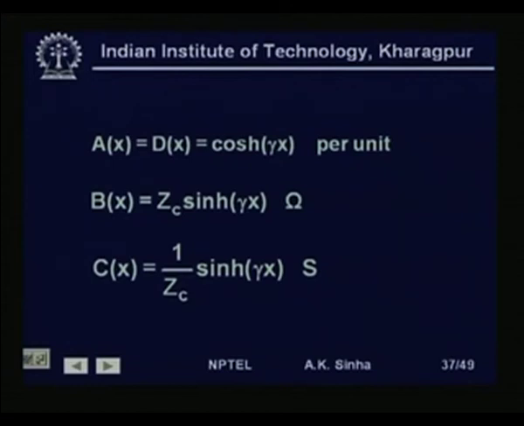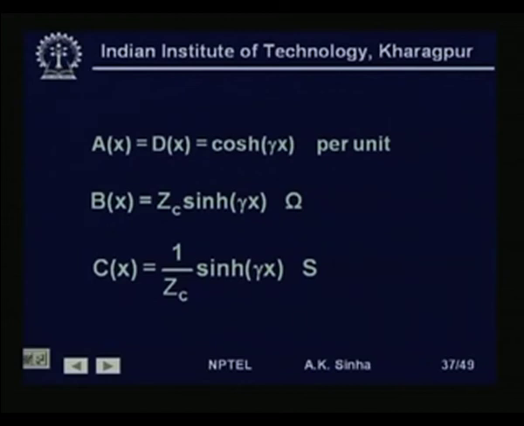Zc is given by root over z by y, where z is the series impedance per unit length of the line and y is the shunt admittance per unit length of the line, and gamma is given by root z into y. So, by substituting those values, we can calculate the ABCD parameters.